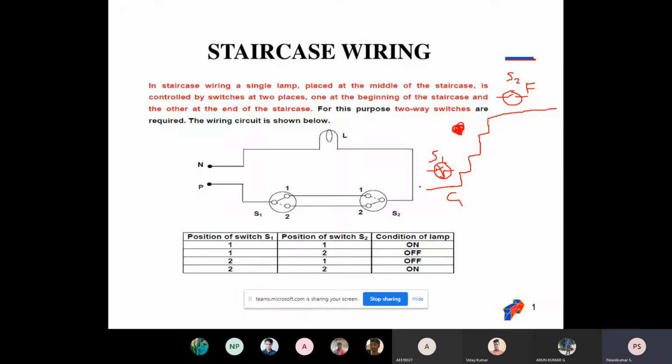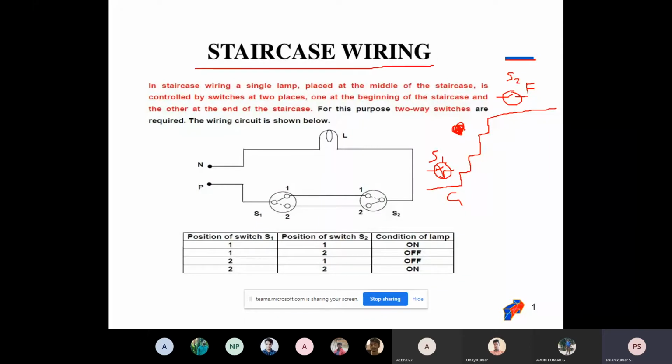Likewise, if another person comes to the ground floor and wants to go to the first floor, he can also do so. Or the same person coming from the first floor to the ground floor may also need illumination. That type of wiring is called staircase wiring.